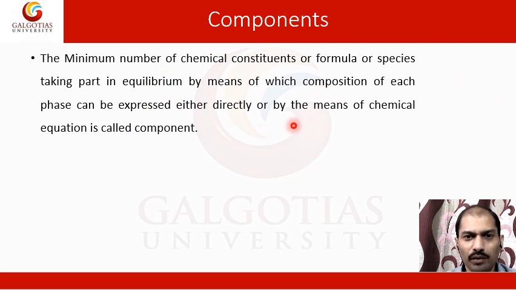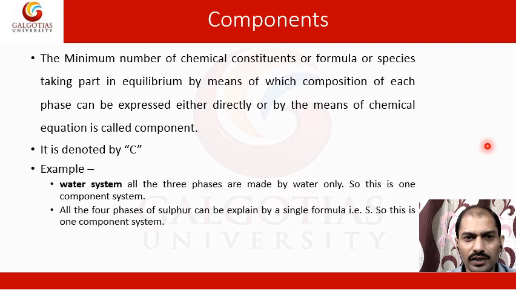It means how many components are part of a particular reaction or phase transition. So in a chemical equation you can say how many components are there. It is denoted by the expression C, which represents the components.